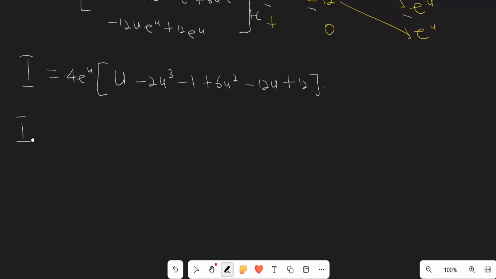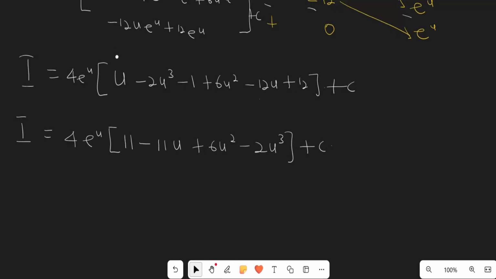I think so. So I is going to be 4e to the u plus the constant of integration here. If we start off with negative 1 plus 12, that is going to give you 11. And then the u terms, u minus 12u, that is going to give you negative 11u. And then plus 6u squared minus 2u to the third plus the constant of integration.